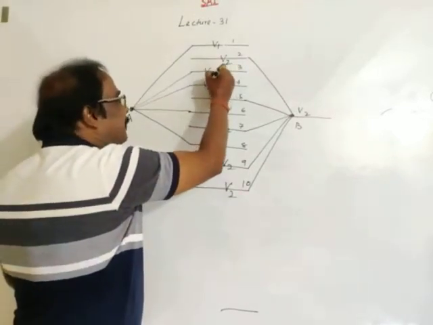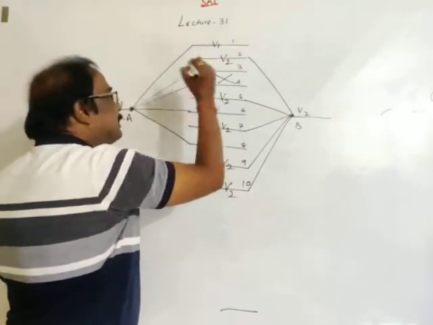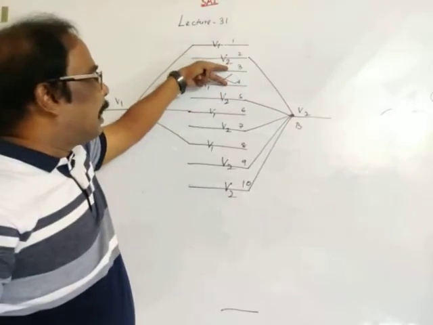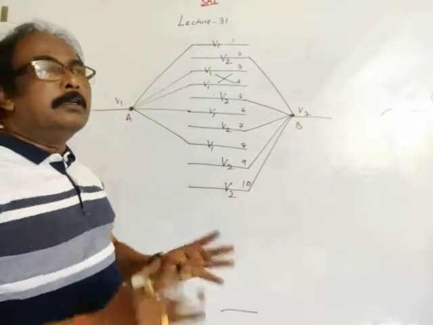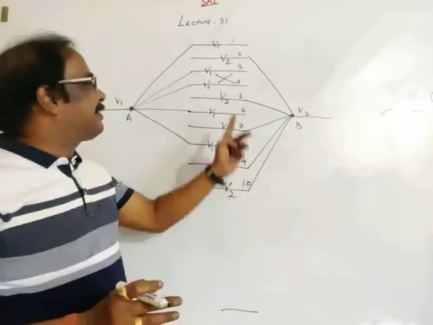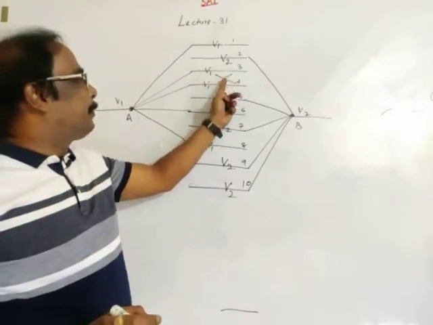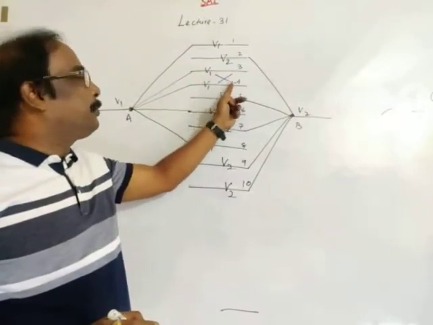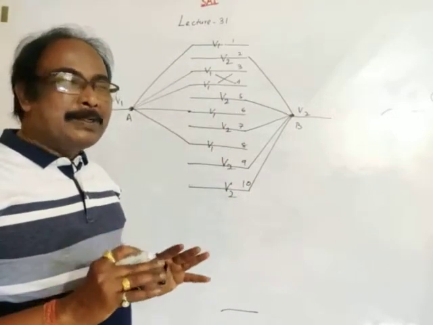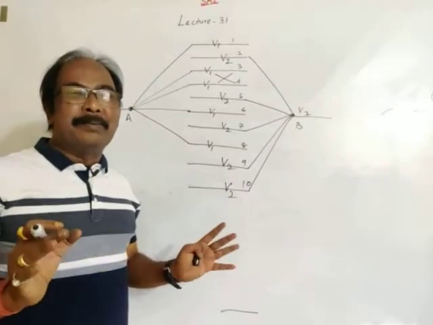Plate 3 is at potential V1, plate 4 is at potential V1. So the gap between the third plate and the fourth plate can't give us any capacitance, because it will not be used as a capacitor since the potential difference between these two plates is 0. Please go through the short circuit of a capacitor; this concept will be clarified.